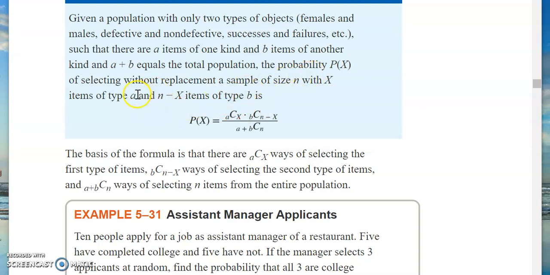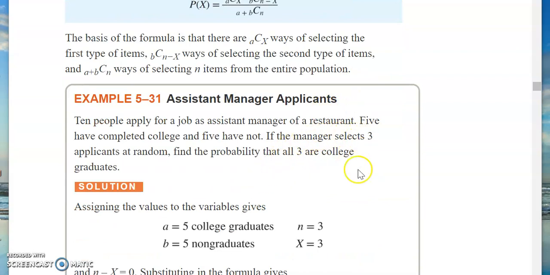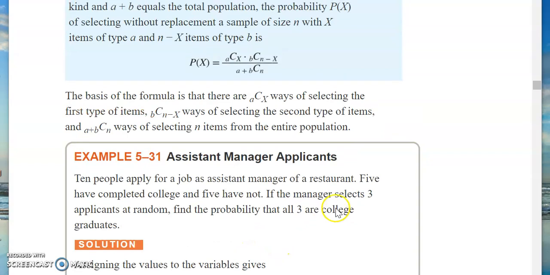Okay, so it's selecting without replacement a sample of size n with X items of type A. So that means the sample of size n is selecting 3 applicants out of the 10. Okay, so he's selecting 3 applicants out of the 10, and X is saying that they are college graduates.